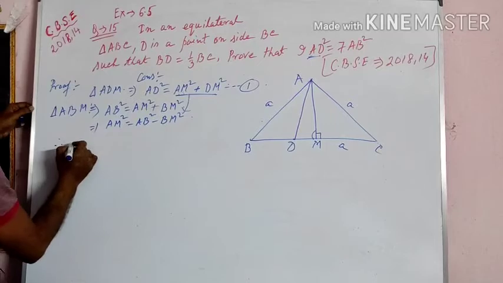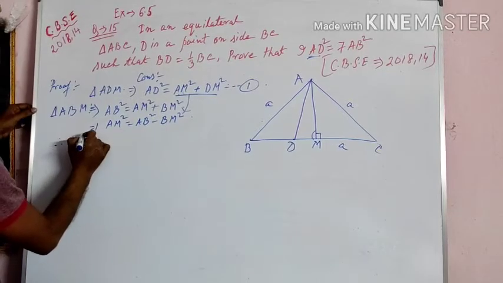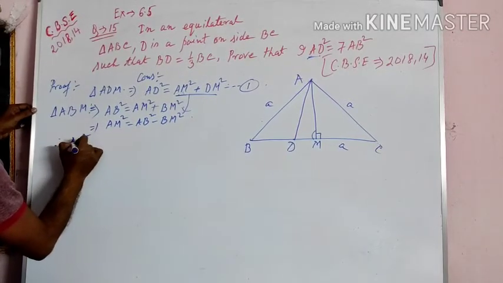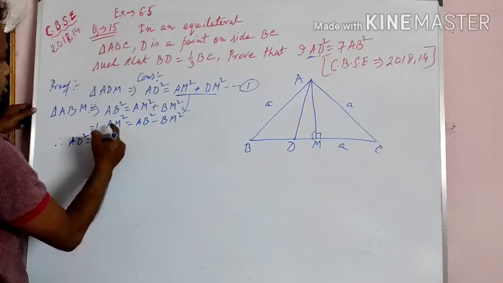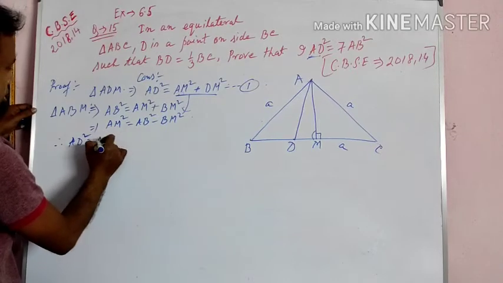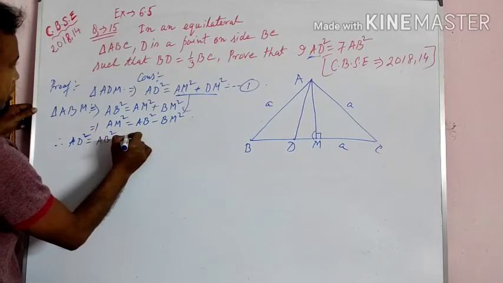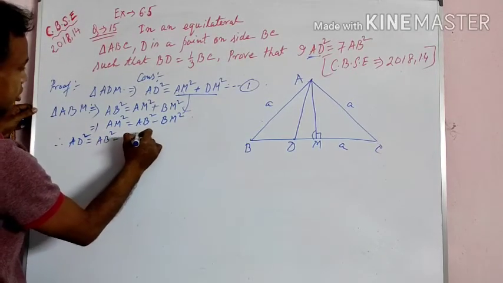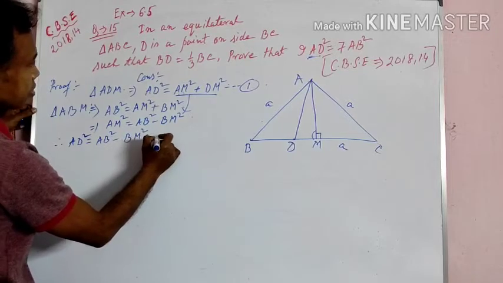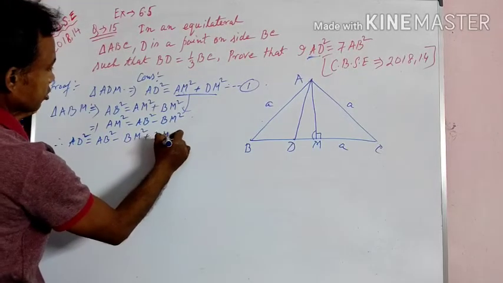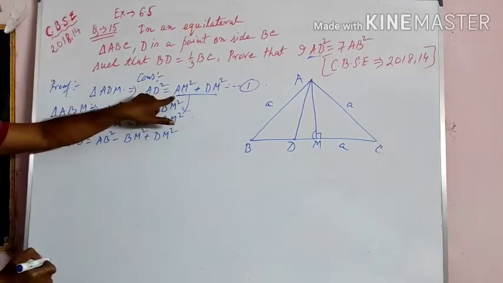Therefore AD square is equal to AM square plus DM square, which is AB square minus BM square plus DM square. Only replace AM square.